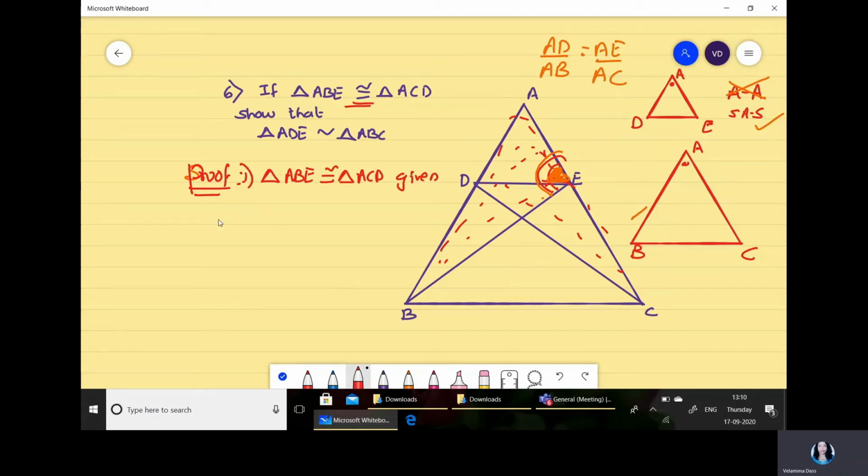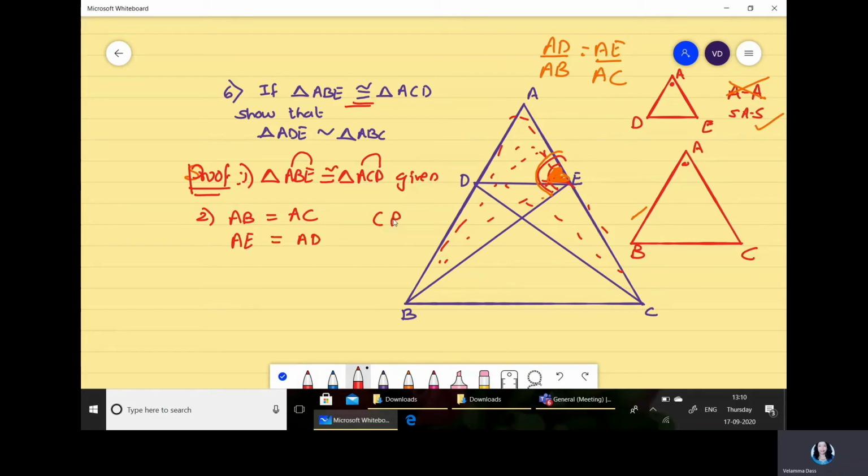So if the triangles are congruent, we can say AB and AC are equal. AE is also equal to AD.